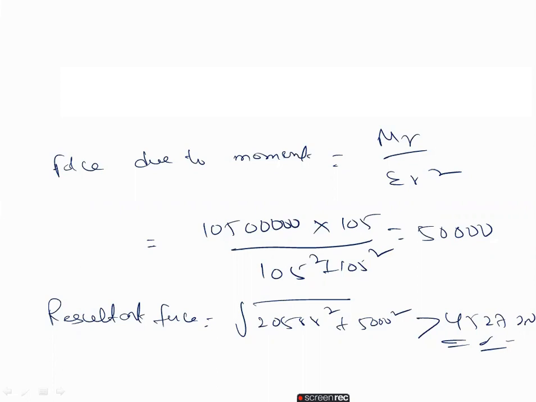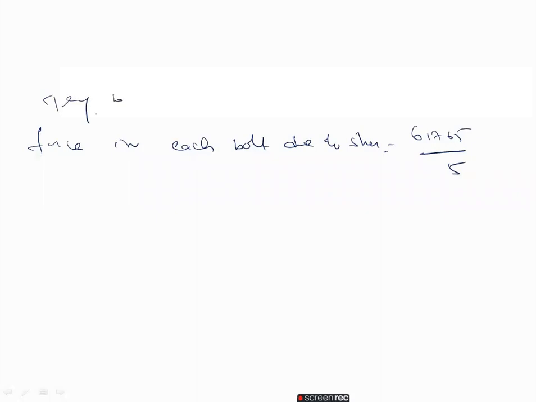The next thing, the force in each bolt due to shear equals 61,760 by 5. Why? Because we are now trying 5 bolts.